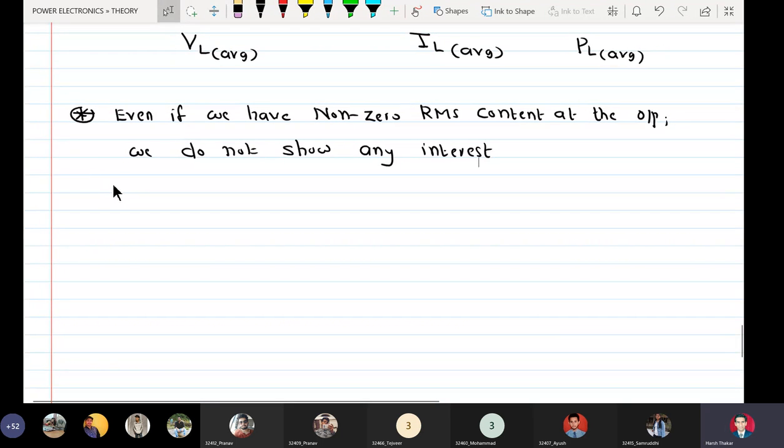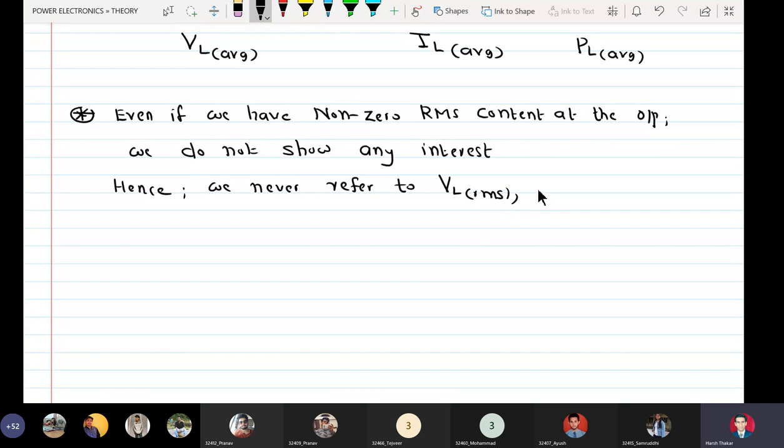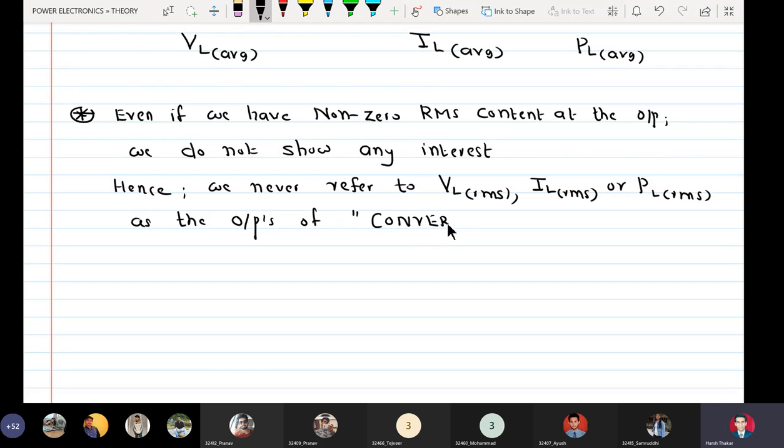So we can say, hence we never refer to VLRMS, ILRMS or PLRMS as the outputs of converter.